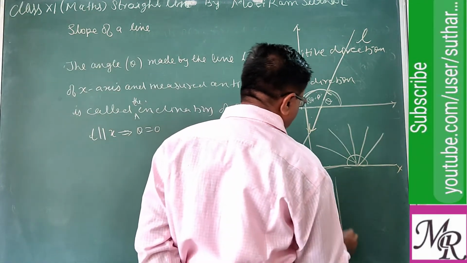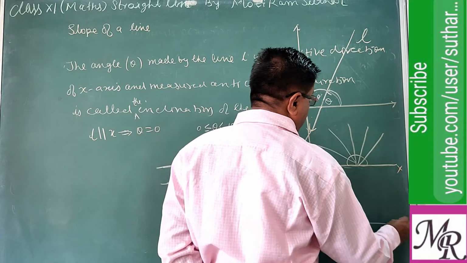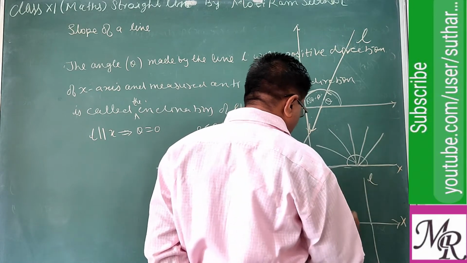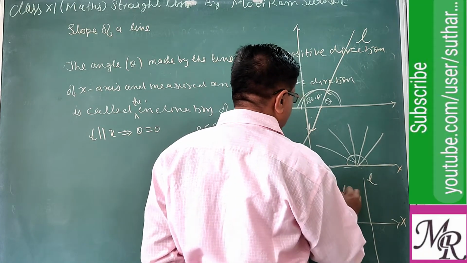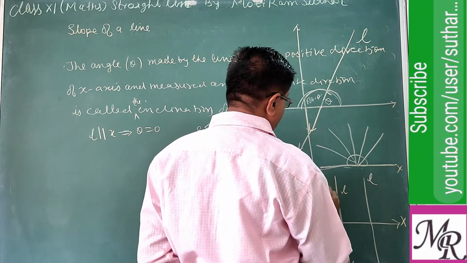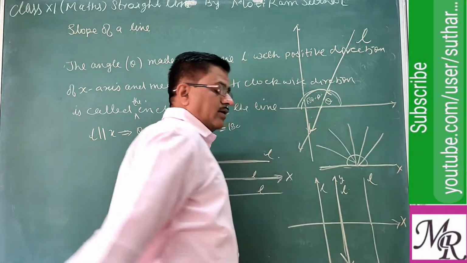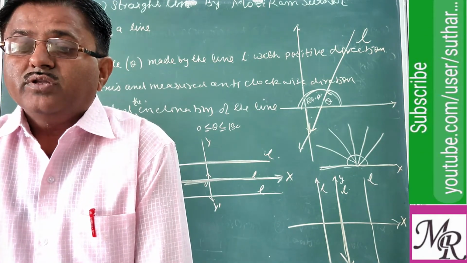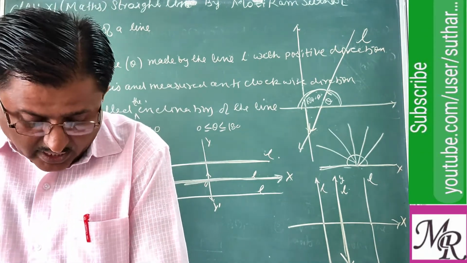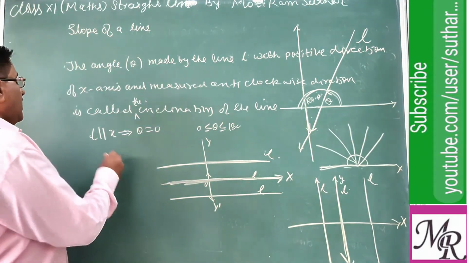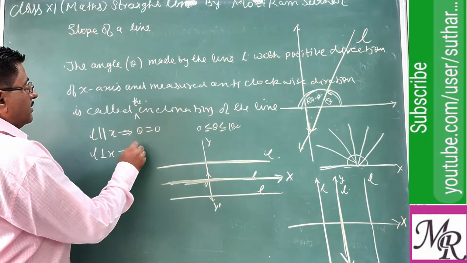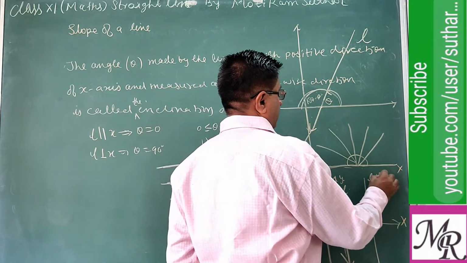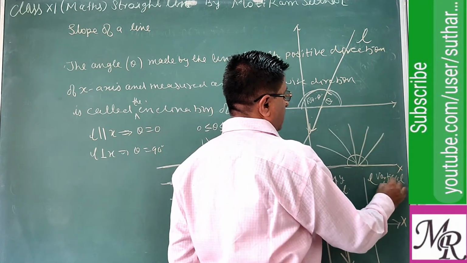Now the third condition. When any line is perpendicular to the x-axis, or parallel to the y-axis, or coincides with the y-axis, the inclination theta equals 90 degrees, and we call this a vertical line.